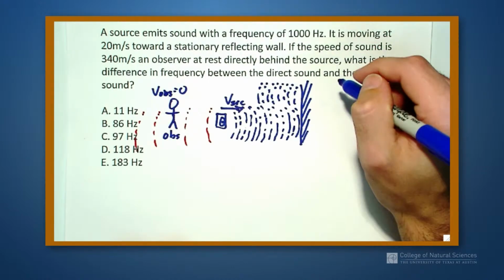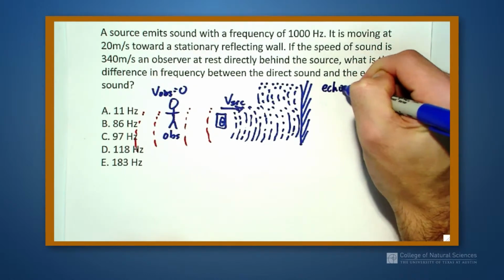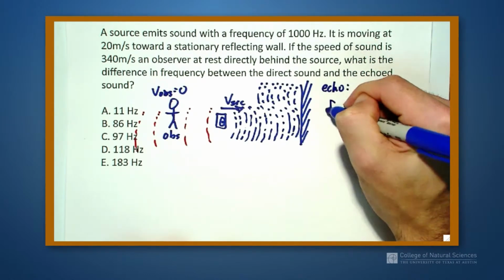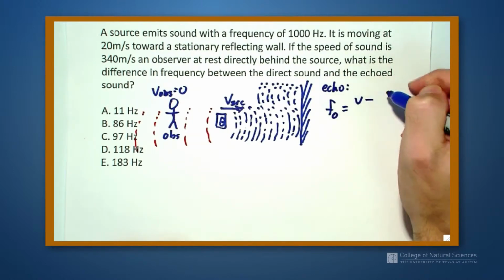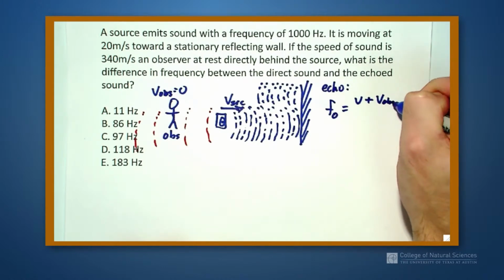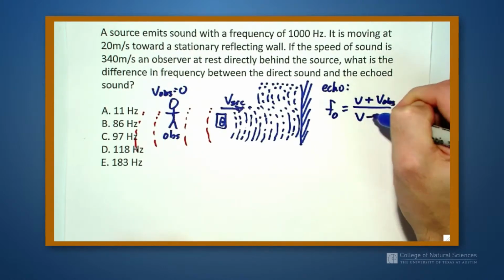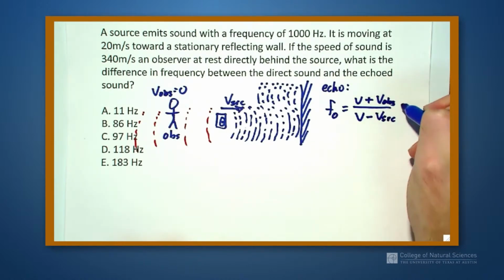So for the reflected sound, the echo, the frequency observed is going to be the velocity of sound plus or minus the velocity of the observer, divided by the velocity of sound minus the velocity of the source, times the original frequency.